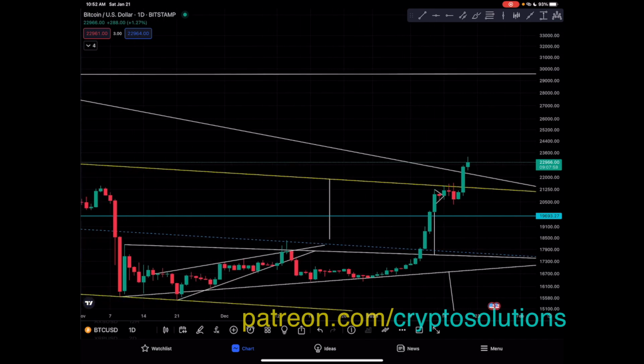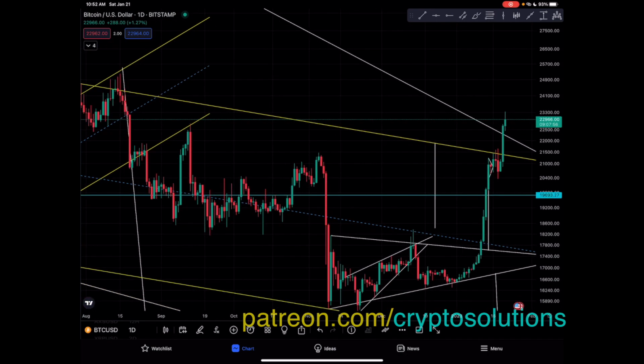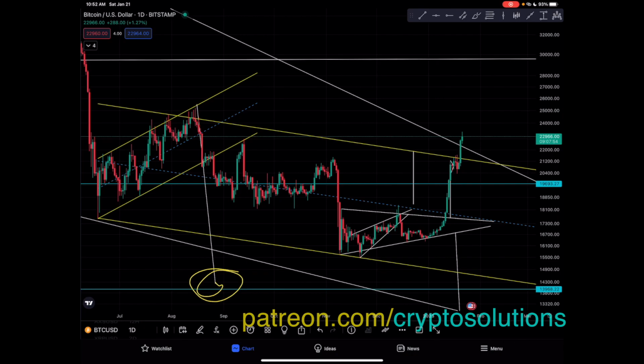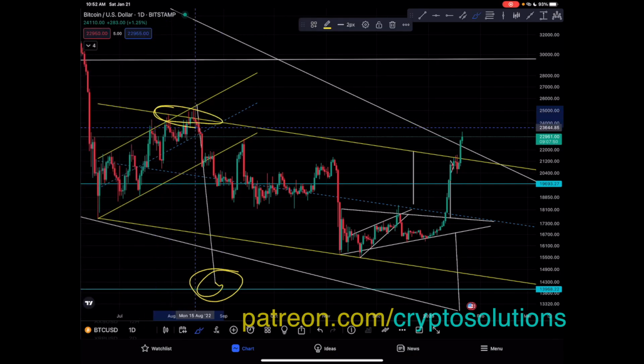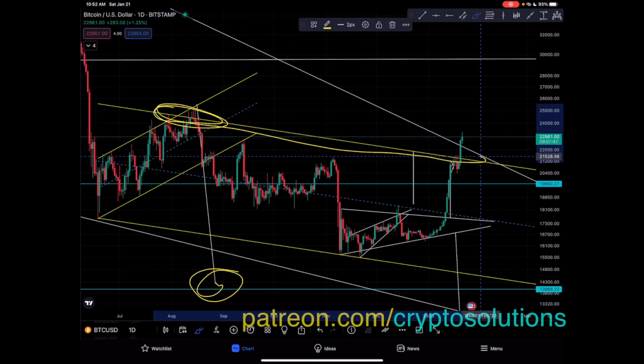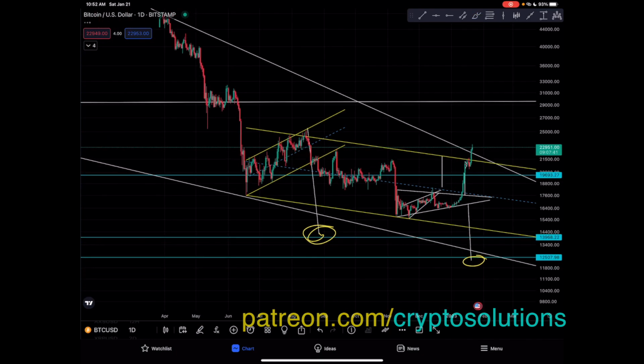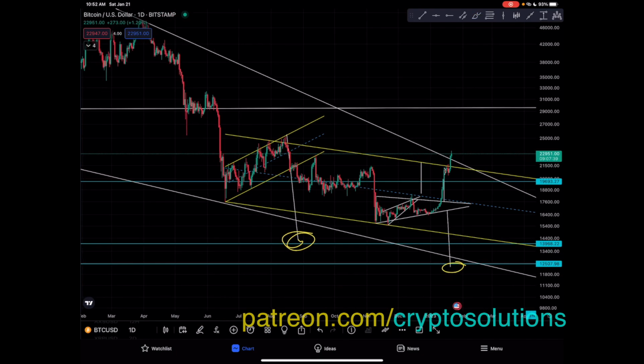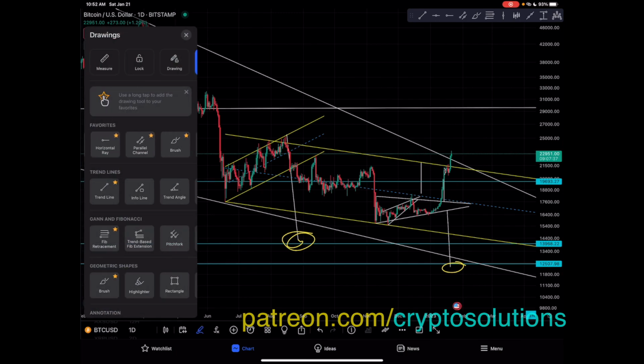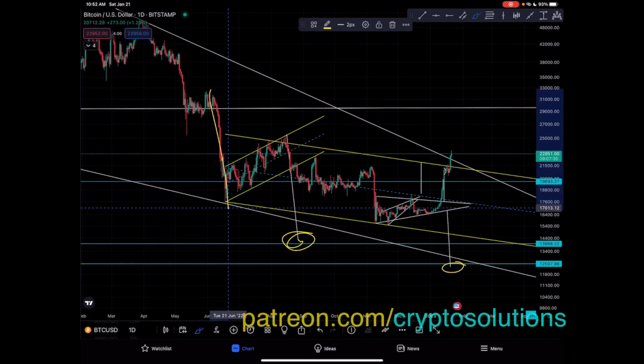Let's see here. Here you can see that this bear flag had clear resistance there and clear resistance here, and now it broke out to the upside. So okay, right now the other bear flag which is in play is this one. Boom.